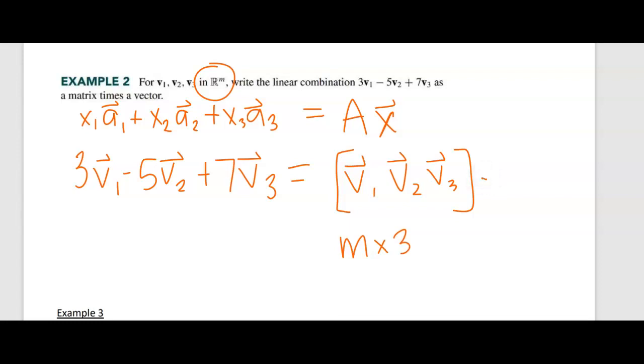And then my x here is 3, negative 5, 7 that I'm multiplying by here. And that's a 3 by 1. And so my final answer, if I were to go through and do this, would give me an m by 1 matrix, an m by 1.